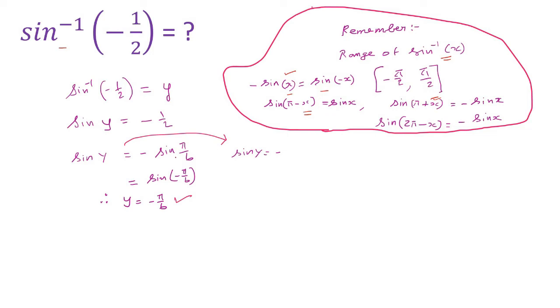Evaluating pi minus pi by 6, that is 6 pi minus pi by 6, 5 pi by 6.